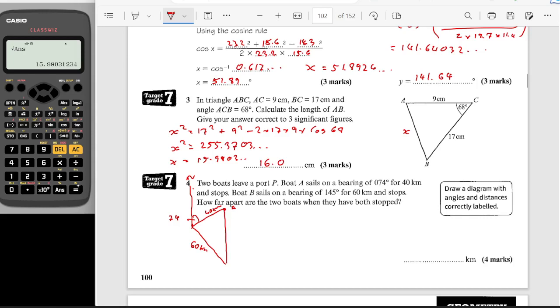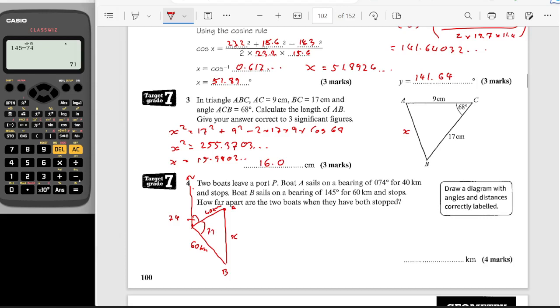So I'm going to call that X. And here, if I want to work out this angle here, I know that that's 74 degrees. I know that that total bearing is 145 degrees. So that's going to be 145 minus 74. That angle is going to be 71 degrees.